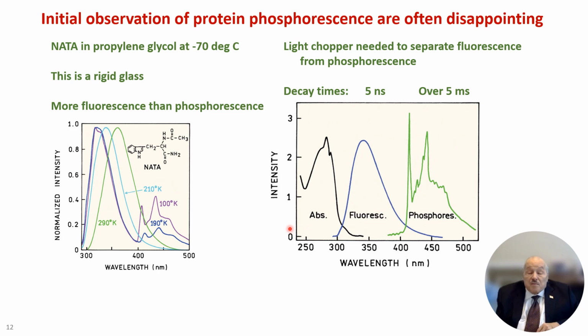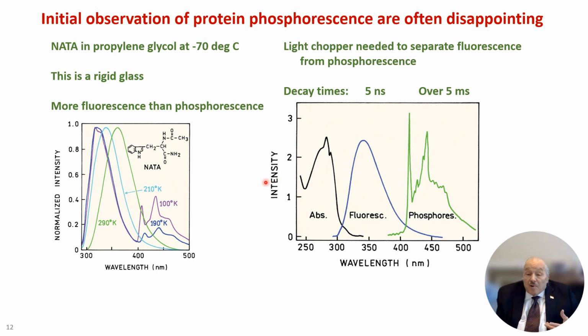This is because it's weak, the radiative decay is slow, you don't get that many photons per second. So the only way you can collect a true phosphorescence spectrum is by having some type of gated detector. Now, since these are long times, even a spinning wheel is an okay gated detector.